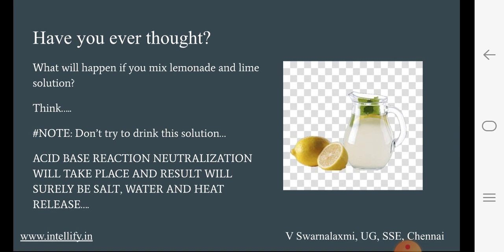Therefore, please, before doing anything in chemistry, think twice. Ask your elders always because there is always a risk that you may do something dangerous. So when you mix lemonade and lime juice, an acid-base reaction takes place that will result in formation of some sort of salt, some sort of water, and heat will be released in a very small amount because both these are weak acids and weak bases.